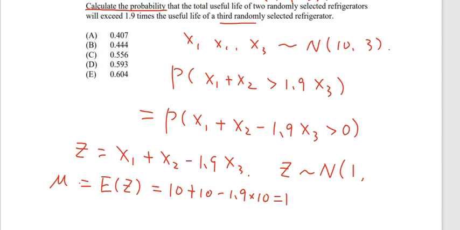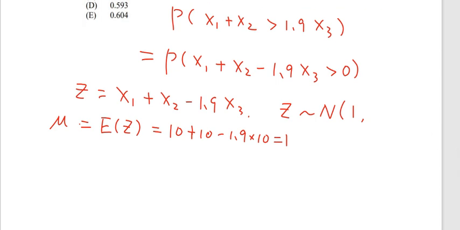And the standard deviation or variance. We say sigma squared, or Vz.